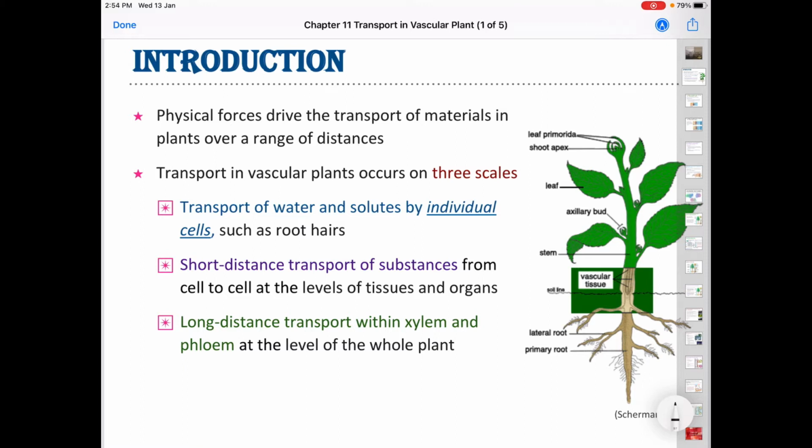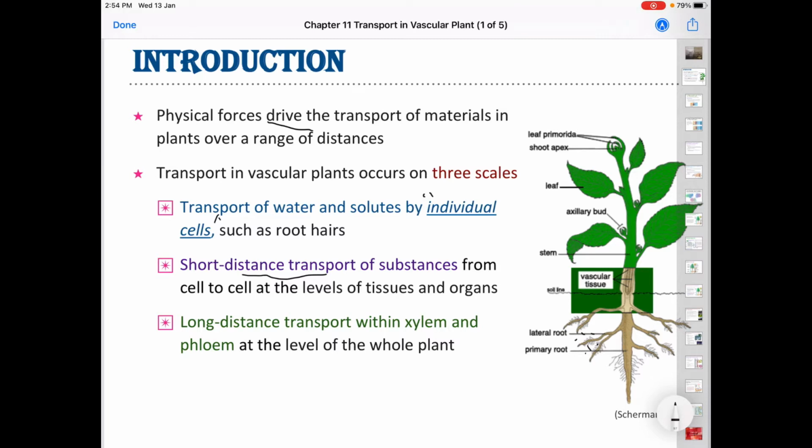For the introduction, the physical forces that drive the transport of materials in plants over a range of distance. So the process involved three. First one, transport of water and solute by individual cell, such as the root hair here.